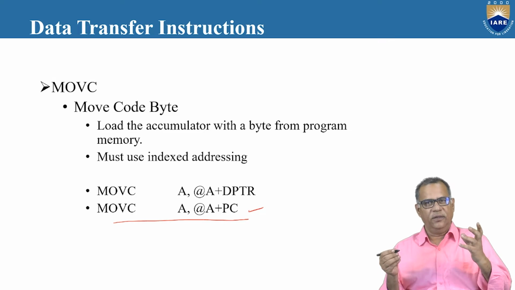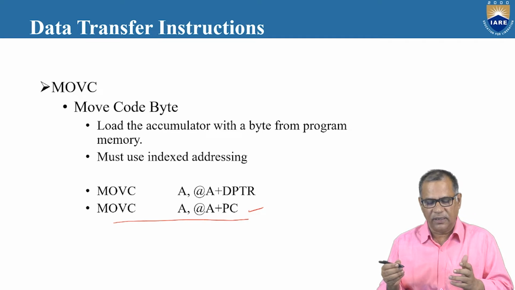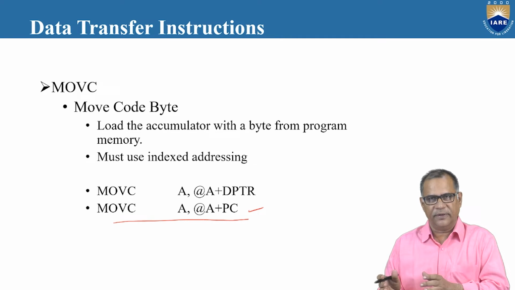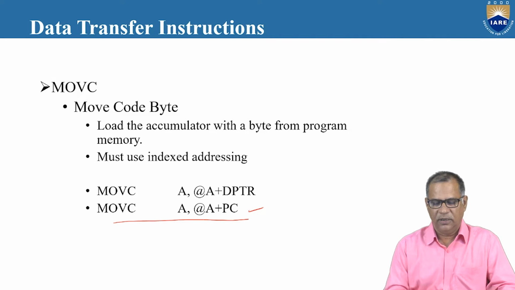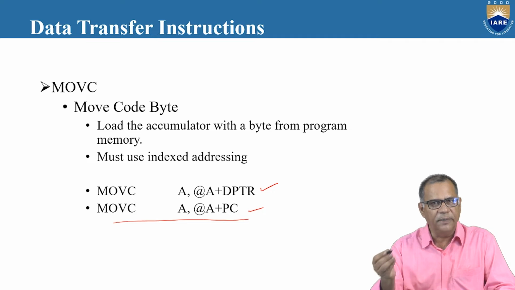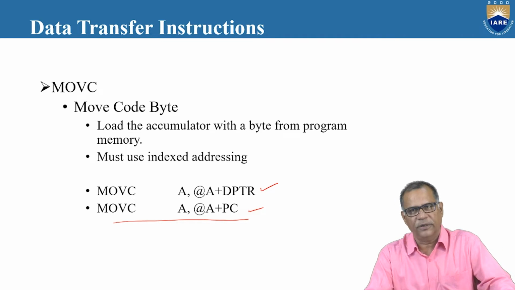To that you add the offset address which is there in the accumulator, and from the effective address, the contents of the memory location is moved to the accumulator. And here the effective address can also be formed using the contents of DPTR. DPTR is the data pointer.